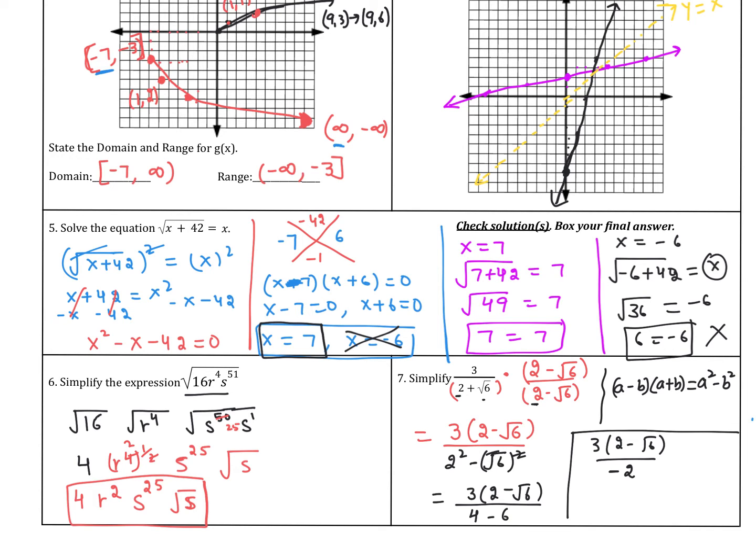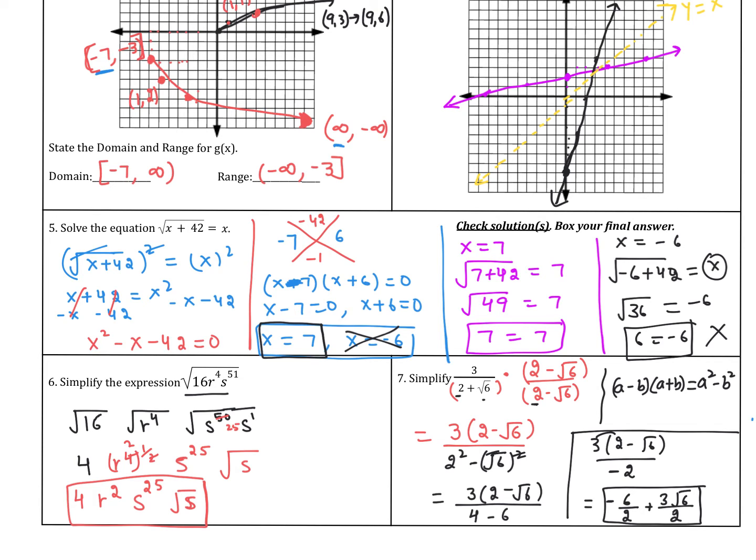You can take the negative up there, so it becomes negative 6 divided by 2 and positive 3 square root of 6.